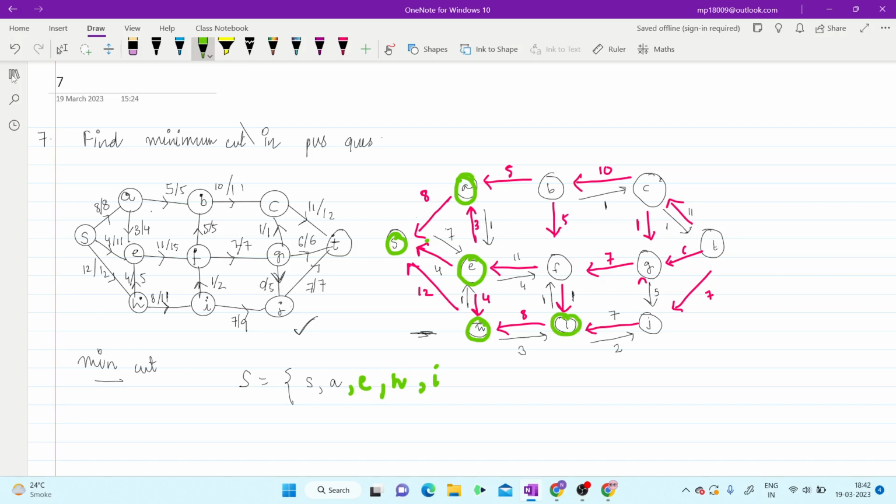Now, do we have a path from S to F? We have a path from S to E, and there's an edge going from E to F. Therefore, we also have a path from S to F. So F also will be there. And what about B? Do we have a path from S to B?